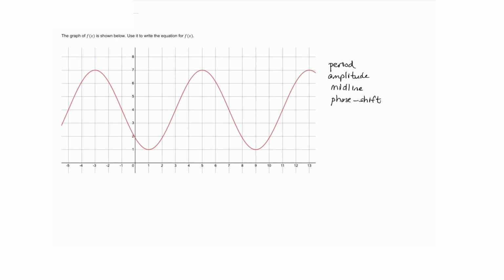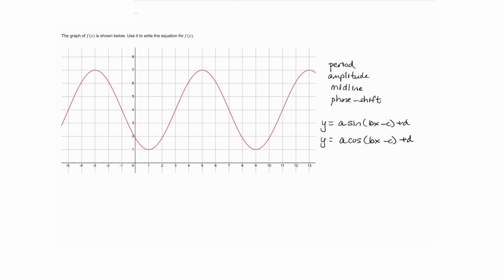These are all crucial aspects that came into play with the equations y equals a sine bx minus c plus d, or y equals a cosine bx minus c plus d. Each of those letters has a role in this equation.